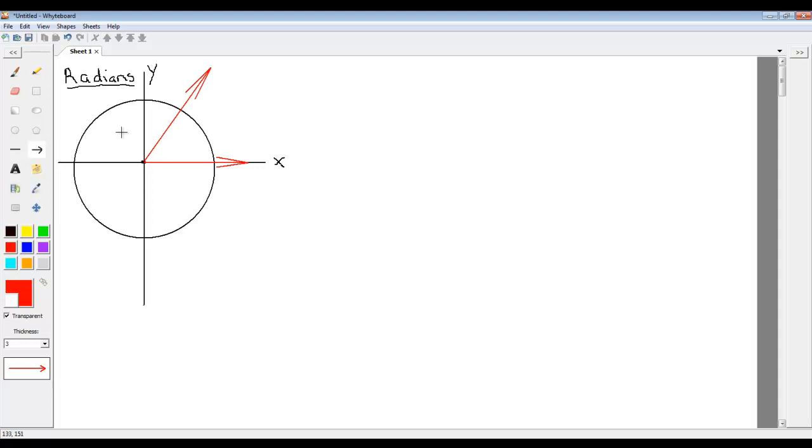Now that angle intercepts an arc of the circle, like right along here, with angle theta here.